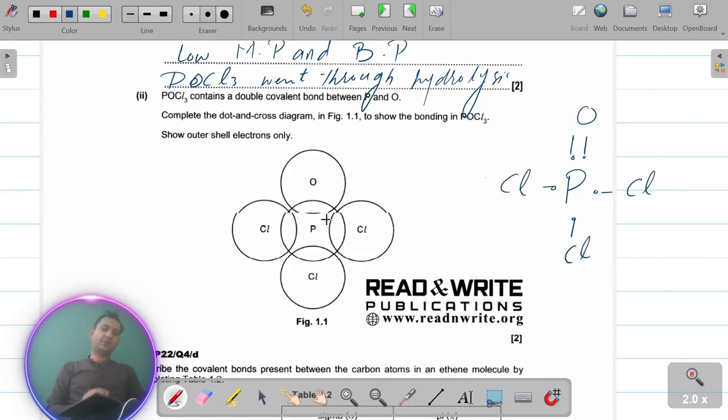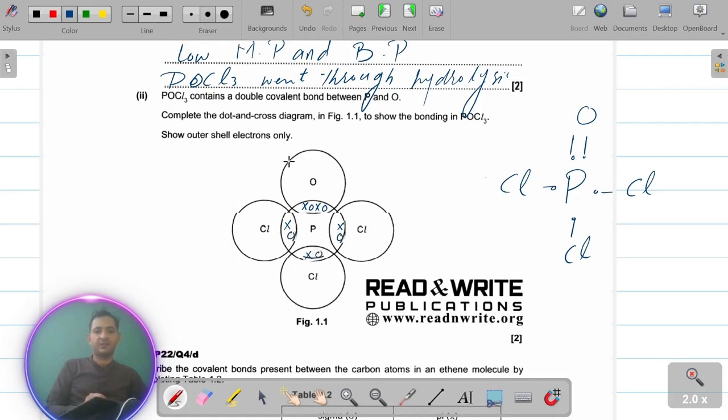Now we need to draw their arrangement of electrons. If there's a double bond, 4 electrons are here, I can say alternate. I'm representing cross electrons for this phosphorus. So one cross is here, one cross is here, and one cross is here. The remaining I'm just explaining with this dot.